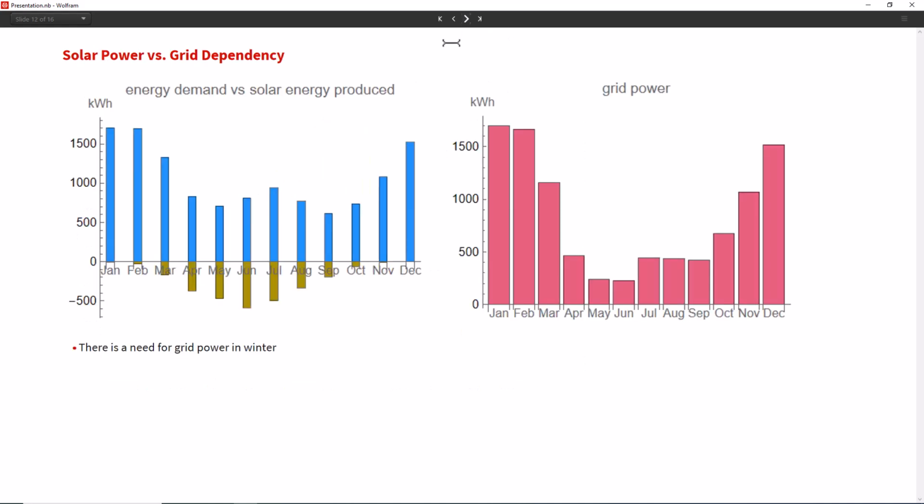Here is a comparison of my energy demand and solar power production. While the solar panels help reduce my reliance on grid power, they cannot fully cover my energy needs. The grid power chart shows how solar energy reduces my dependence on grid electricity during the summer months. However, in the winter, I still rely heavily on grid power to meet my energy demands.